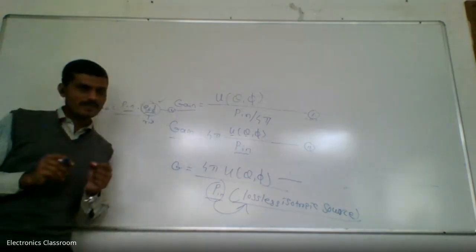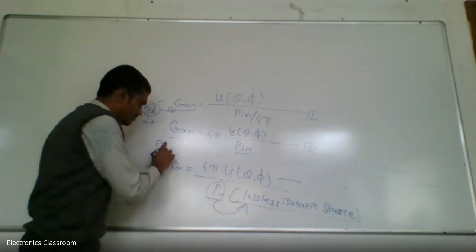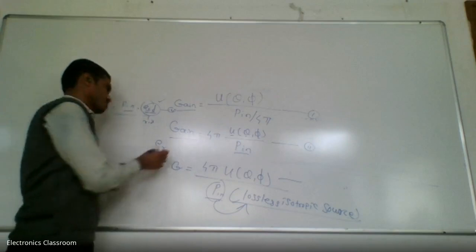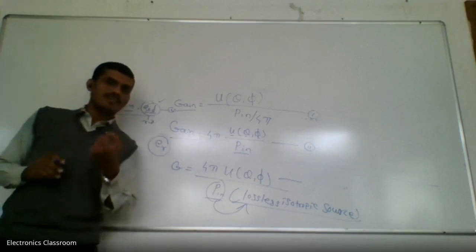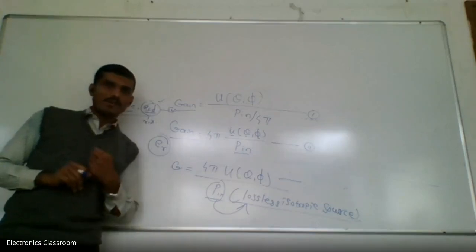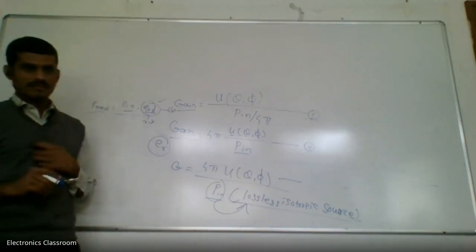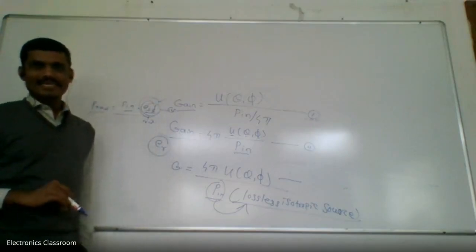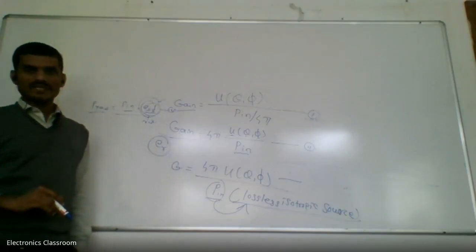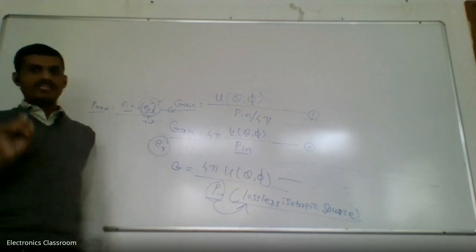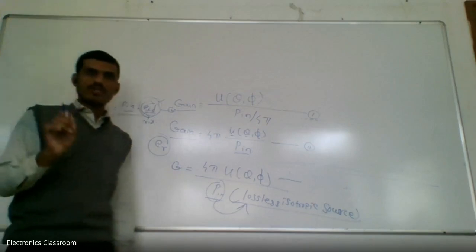Now, what is the impedance mismatch? Impedance mismatch means your reflection losses. That is, reflection losses are also called the reflection efficiency of that particular antenna, and polarization mismatch. Polarization mismatch means your ECD. Is that clear?